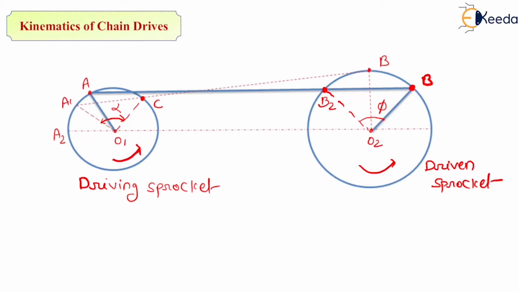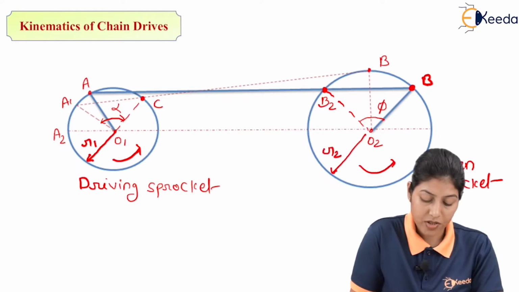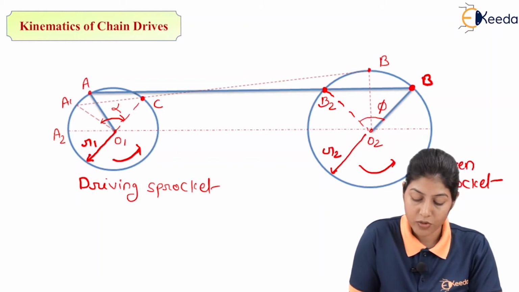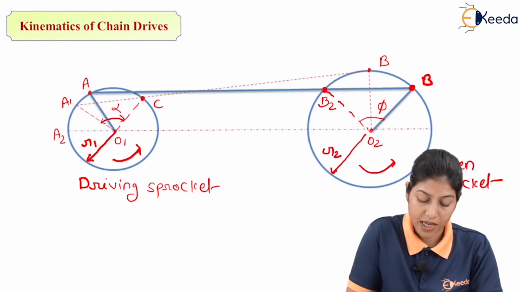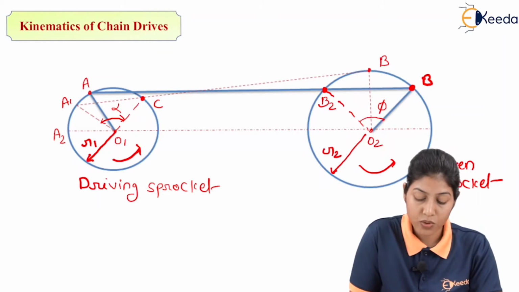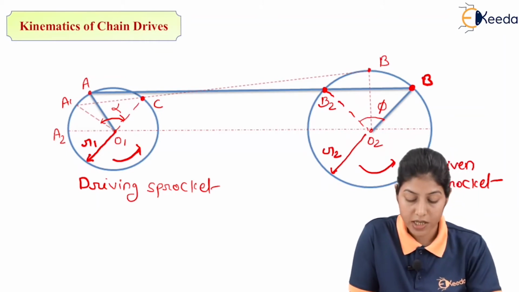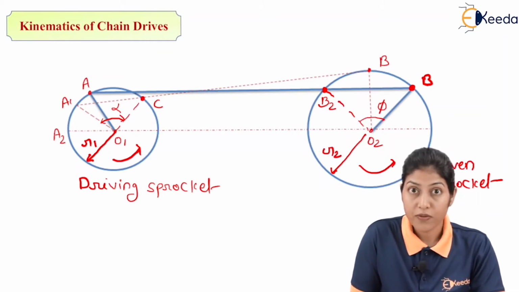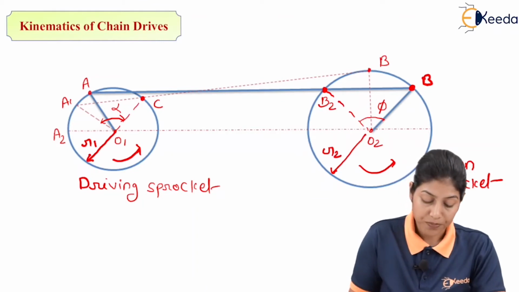As you can see, the driving sprocket is lesser in diameter compared to the driven sprocket. So here our main purpose is to reduce the speed of the driven shaft which is attached to the driven sprocket.